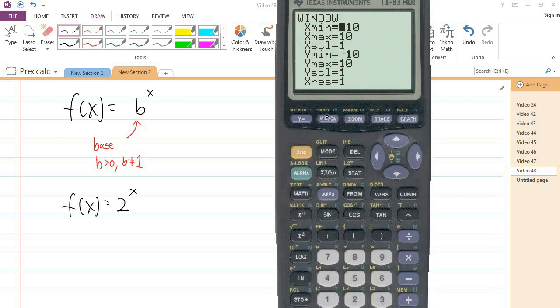And then let's adjust the window so that we focus on just the first quadrant, and we will go 20 by 20. Okay? There's the line. There's the second graph. Here's the third graph.